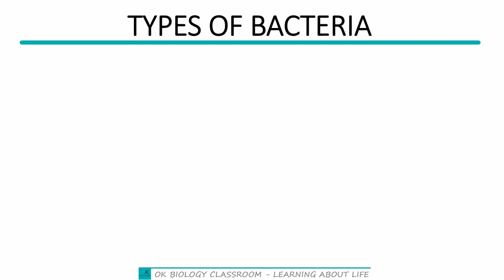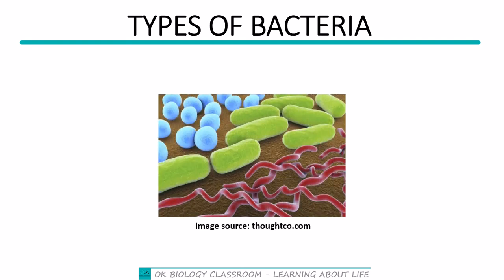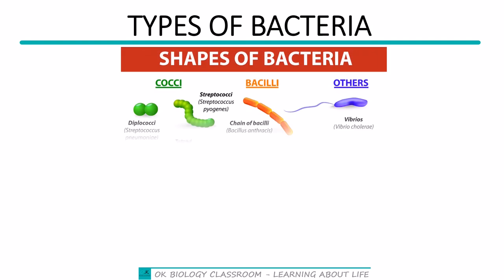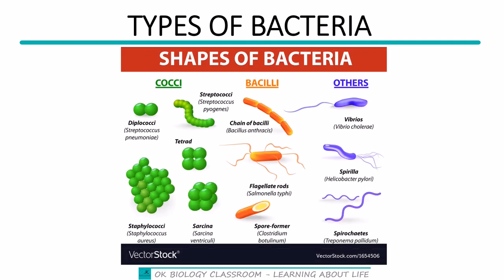And I have some images here to help us appreciate their shapes. This is showing only 3 forms. I have another image that will show all of them. So here we see the spherical forms. So there's a coccus, and then we see the rod-shaped ones, Bacillus here, and then we find some spirochaetes here, helical shape. Okay, let me take this one away and let you better appreciate them here.